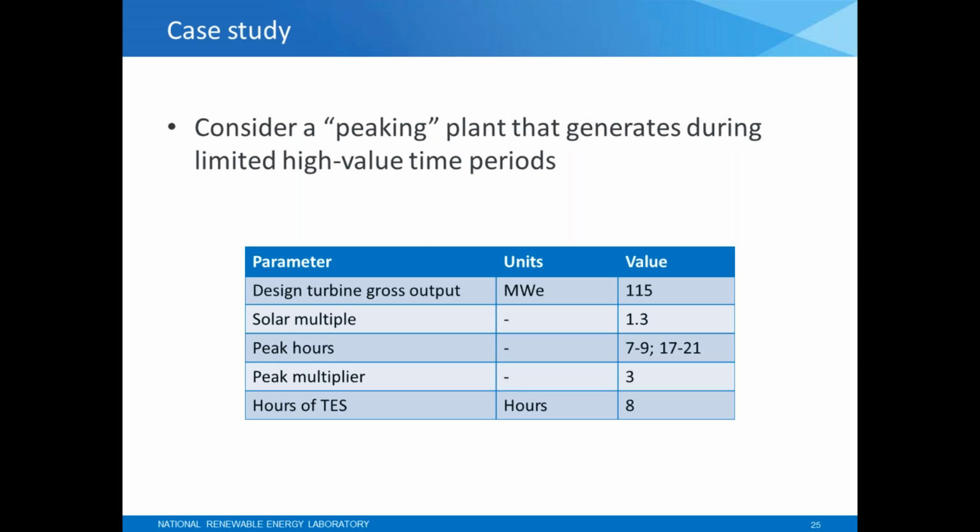Now, the peaking system, I put that in quotes because it needs some explanation. What we're considering is a system that, instead of trying to operate as a base load or as close to 24/7 as possible, we are designing a plant that maximizes energy production during a small set of relatively high value hours.